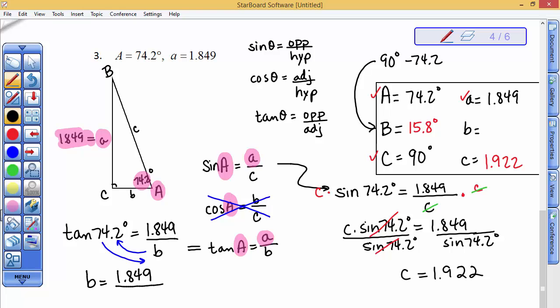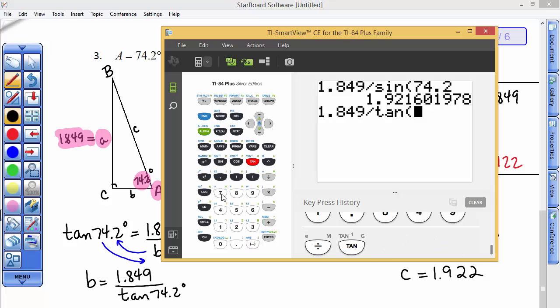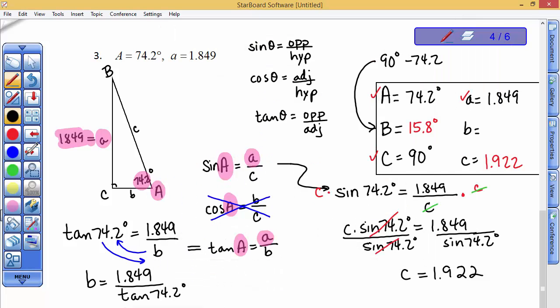It's the same thing every time. So when my unknown is downstairs, I move it over here, I move that down there, and then I've done all my algebra. So now I'm going to type this on my calculator. I'm going to take 1.849 and divide it by the tangent of 74.2 degrees. And I'm going to find out that side B is 0.523.